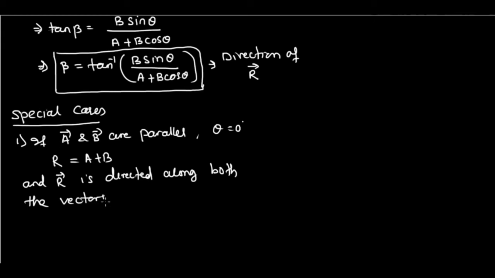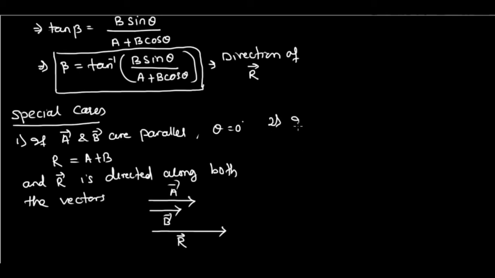Means if this is vector A and this one is vector B, then the magnitude of R vector is equal to the magnitude of A plus the magnitude of B, and the resultant vector is also directed along the two vectors.